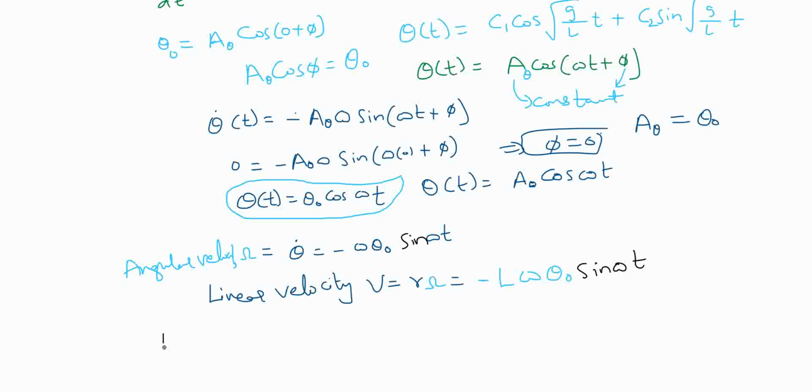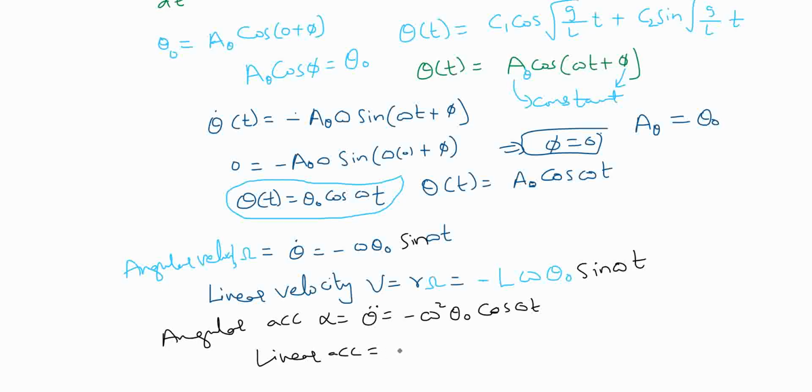Now, angular acceleration alpha is theta double dot, which is minus omega square theta naught cos omega t. And what is linear acceleration?